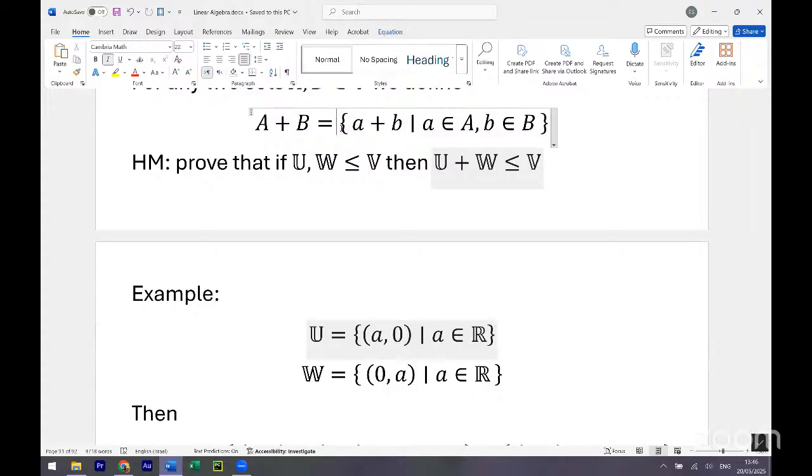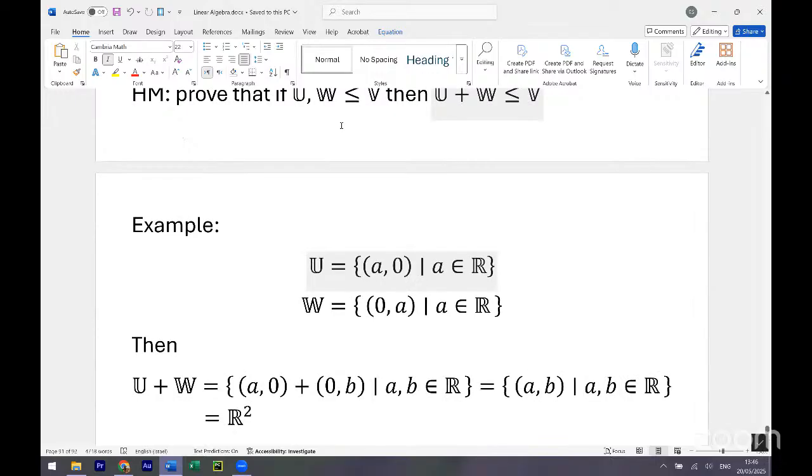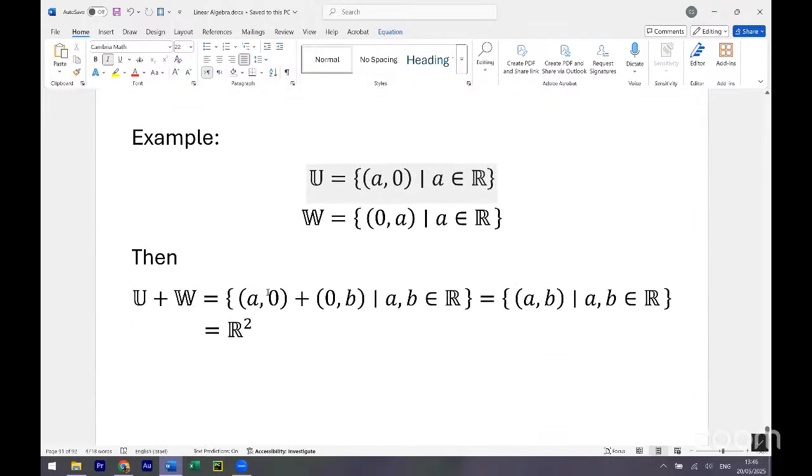Any questions so far? I mean, for a full proof we need to prove this example. The example is foolproof, because it uses the trick that (a, 0) plus (0, b) happens to be (a, b), which we know is R squared.